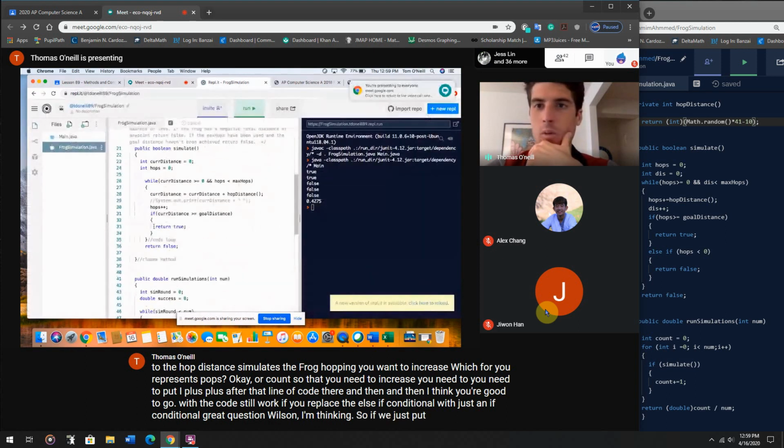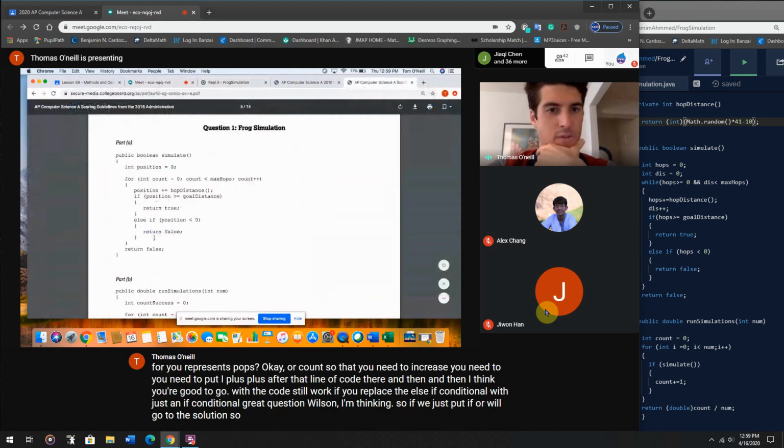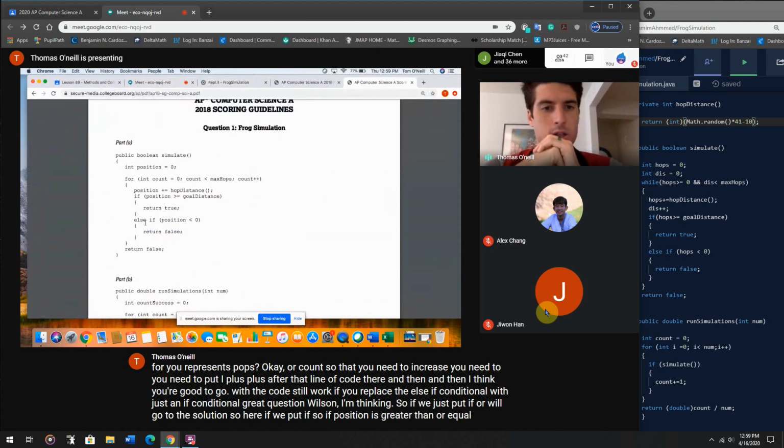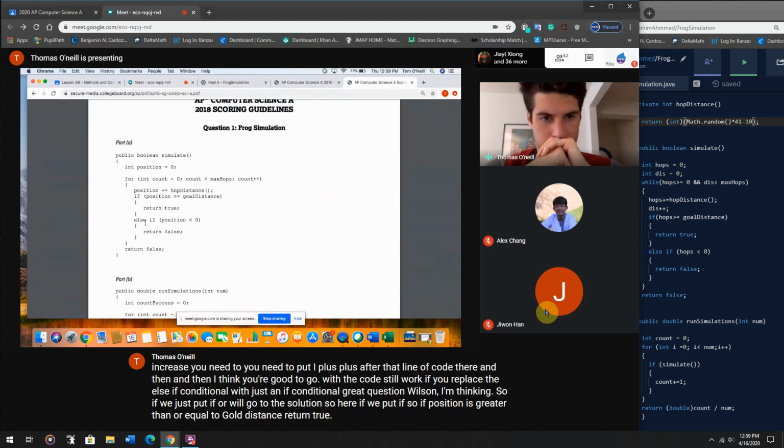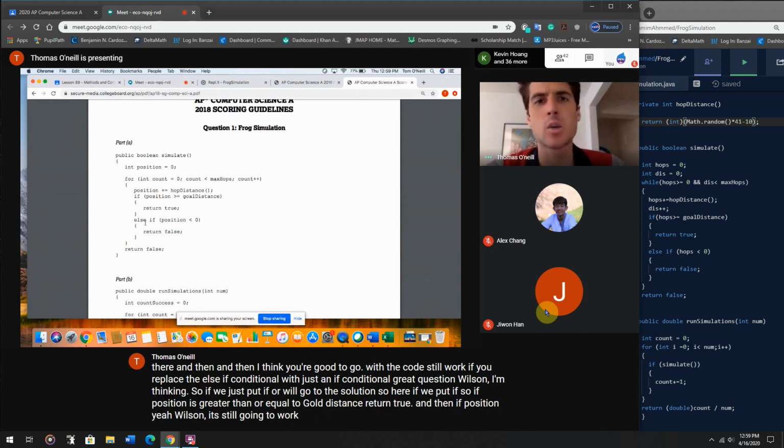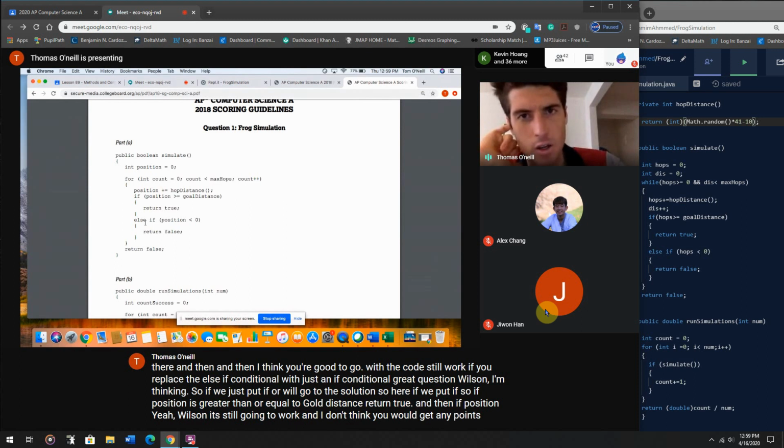So if we just put if, or we'll go to the solution. So here, if we put if. So if position is greater than or equal to goal distance, return true. And then if position, yeah, Wilson, it's still going to work, and I don't think you would get any points taken off.